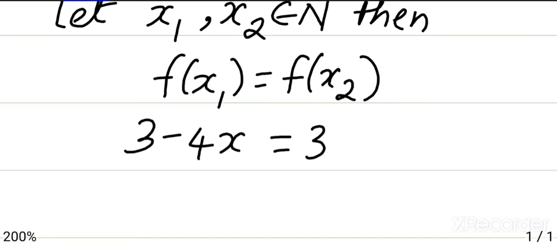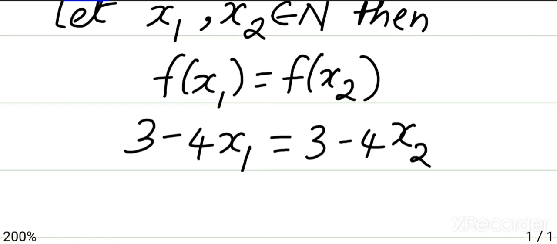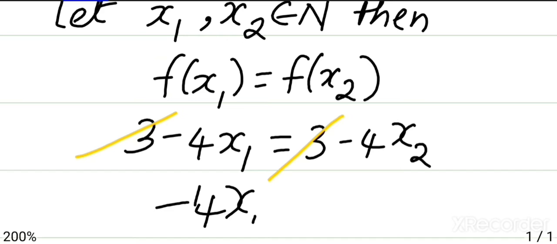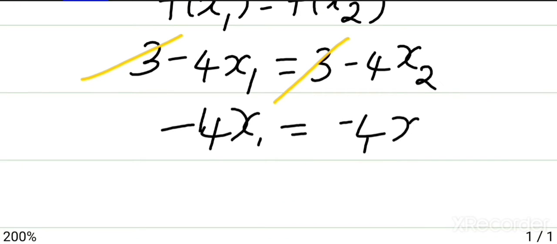So I take the x1 element here and the x2 element there. Then the plus 3 and plus 3 get cancelled, so we get minus 4x1 equals minus 4x2.